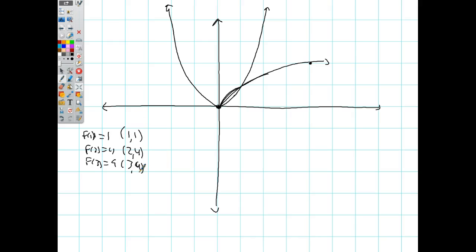Agreed? Okay, in inverse land, this strange place we live in, g of 1 would be 1. G of 2 would be, no, I don't get g of 2, I get g of 4. G of 4 would be 2, and then g of 9 would be 3.